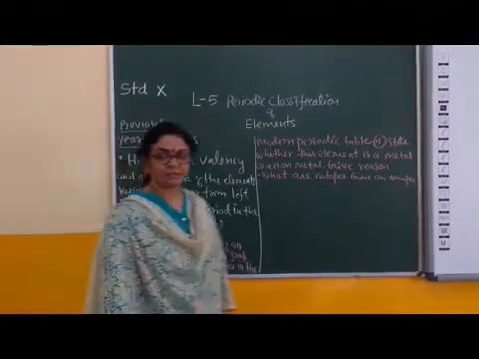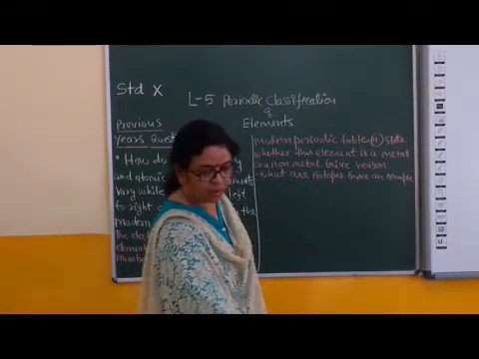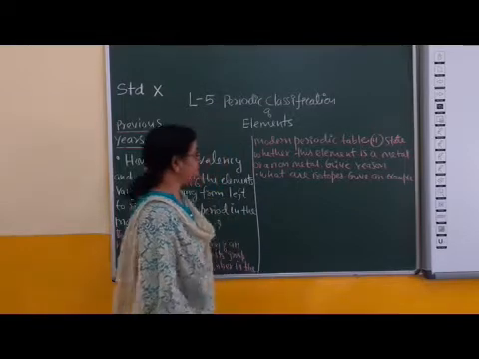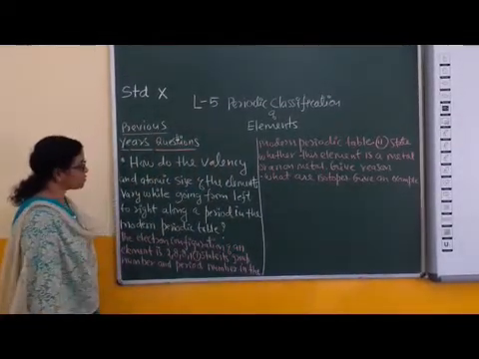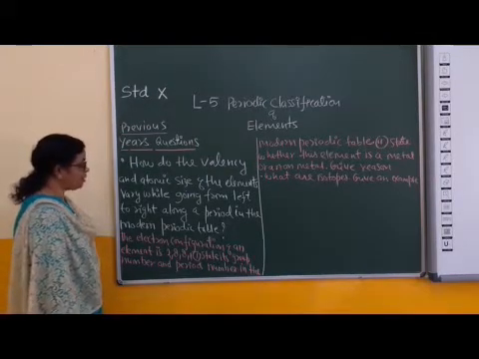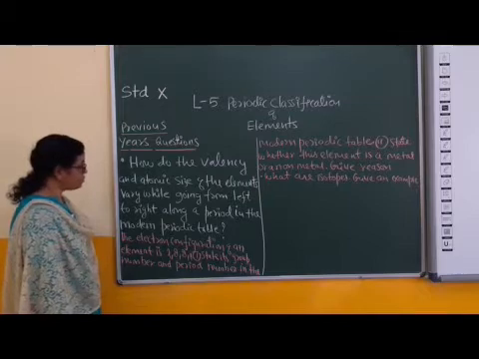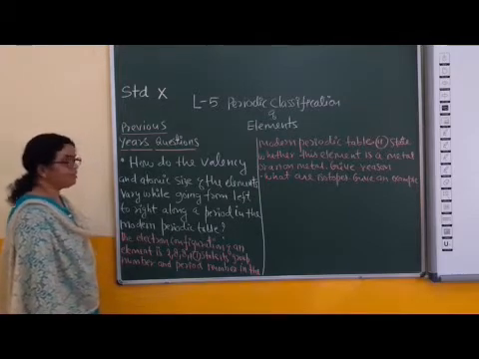Now dear students, discussion of the second set of short answer questions. All questions are very important. First question: how do the valency and atomic size of the elements vary while going from left to right along a period in the modern periodic table?